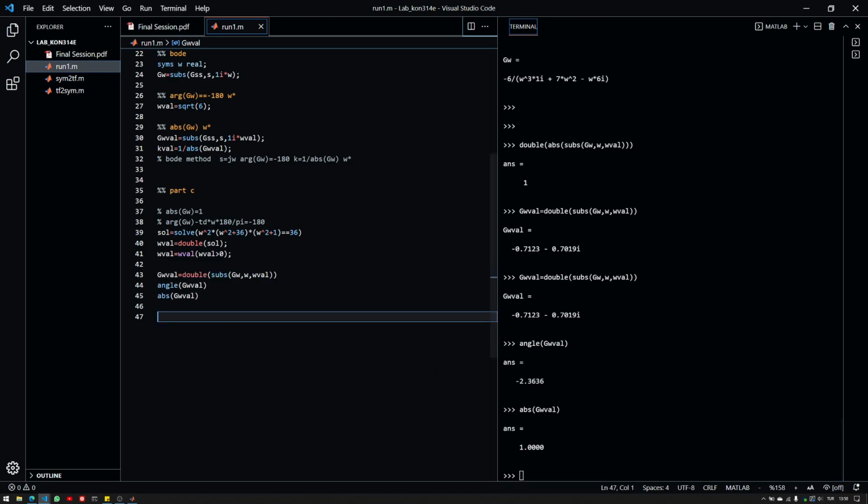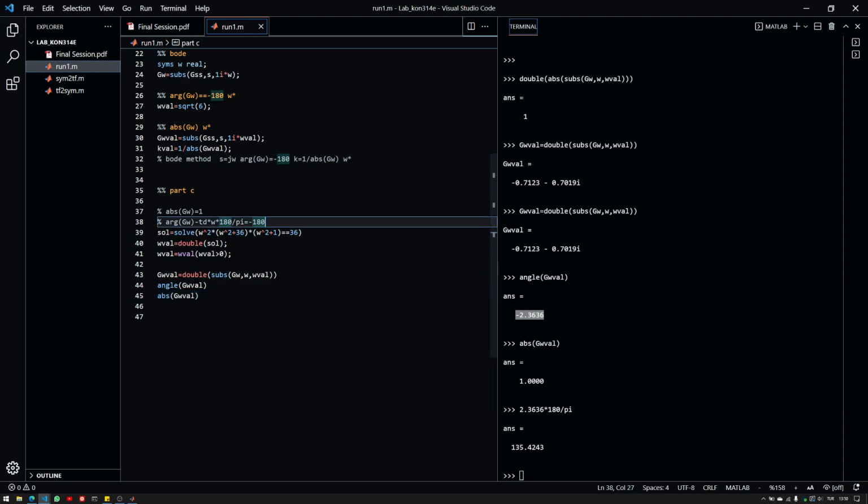Now, of course, this is not really in degrees. If you multiply it with this divided into pi, you can see that it is 135 degrees, but I don't really need degrees because I use radians.